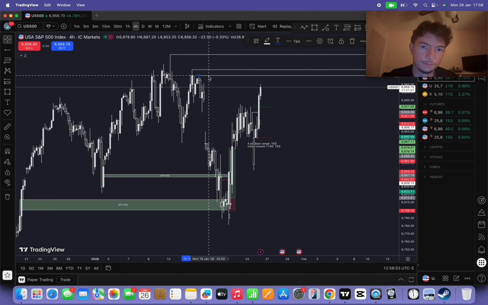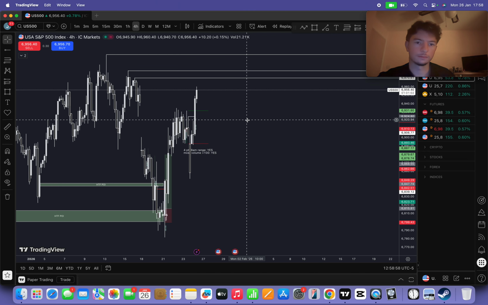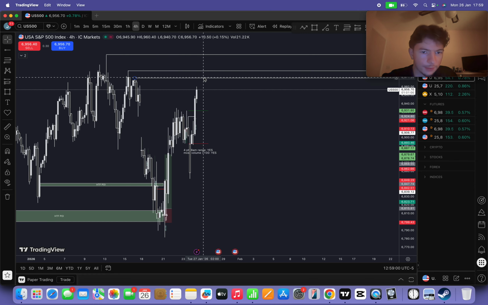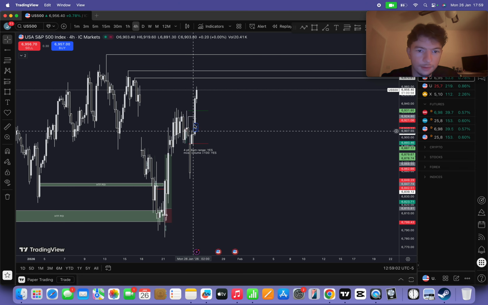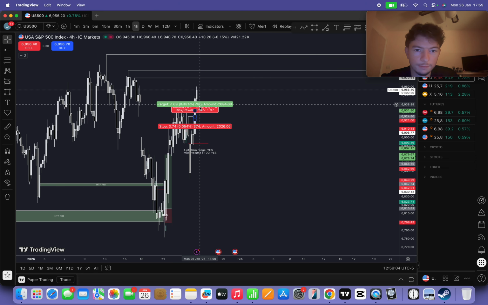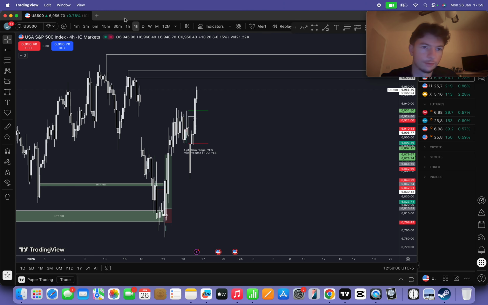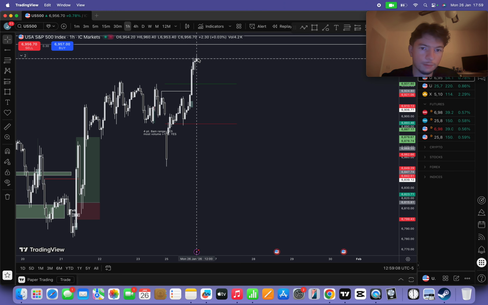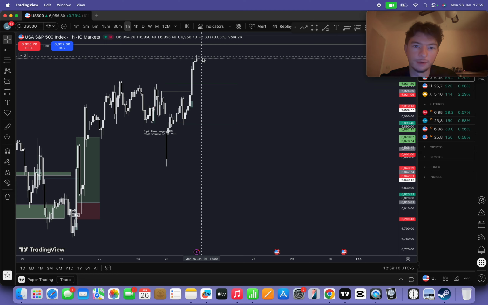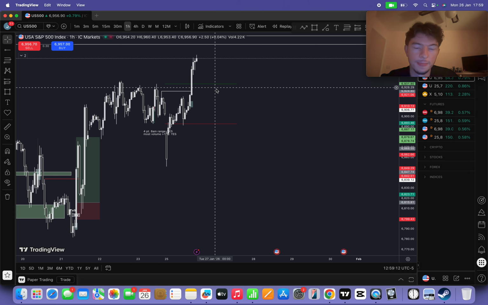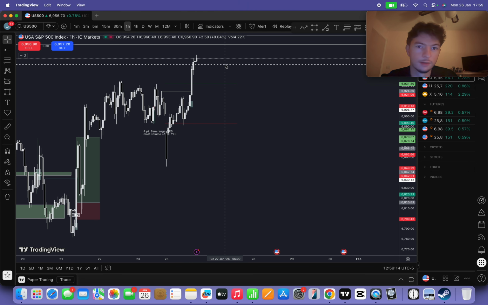So, let's make sure that's right. So those are draws there. We also have fair value gap created here within this range. Obviously, price has traded through that. But I wouldn't be surprised if in the PM session, you know, we see price come down, rebalance this, and then possibly a continuation upwards.